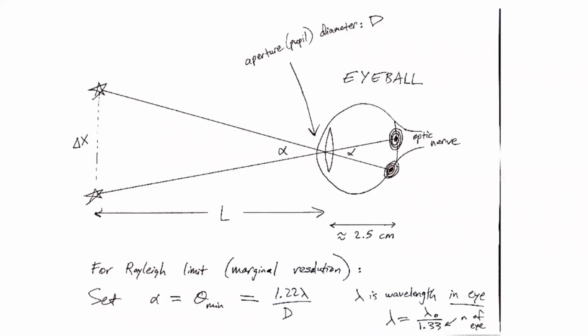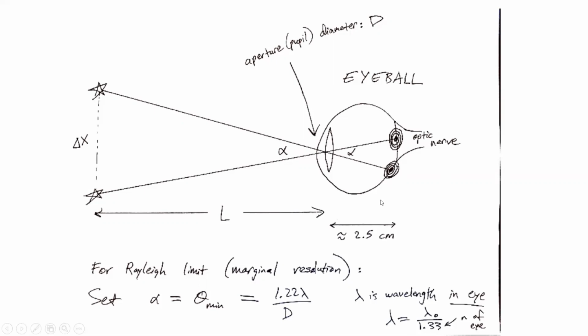And that has to do with the size of your rods and cones, the light sensitive cells in your retina, compared to the width of that Airy disk. But the idea is, in order to be able to distinguish these headlights as distinct, the Airy patterns, or the circular aperture diffraction patterns, from these two sources need to be sufficiently separated. I think you can tell from this diagram, these are more than separated enough to distinguish the two.